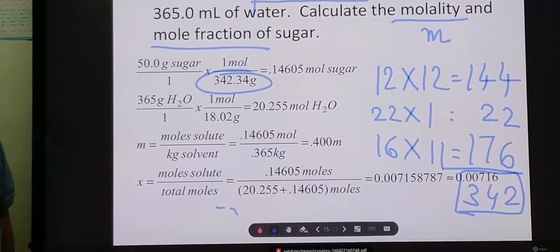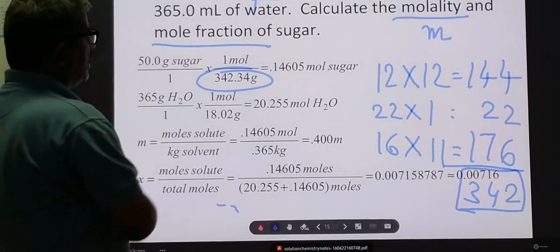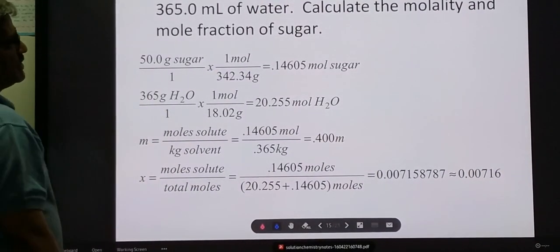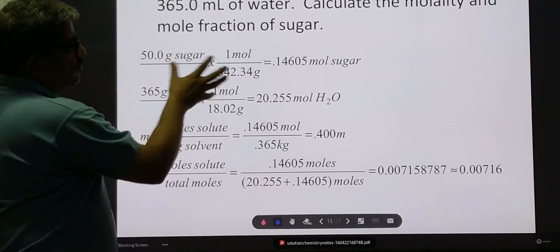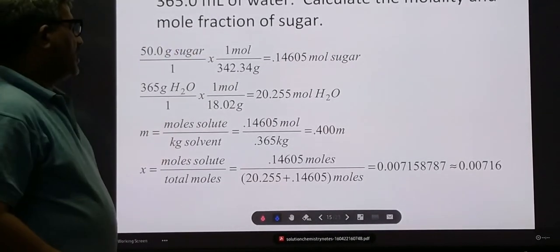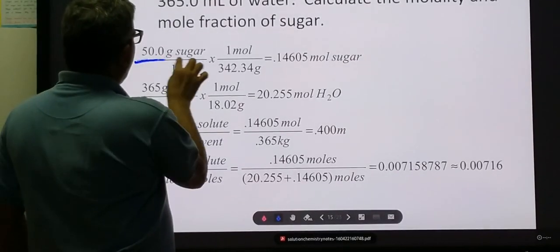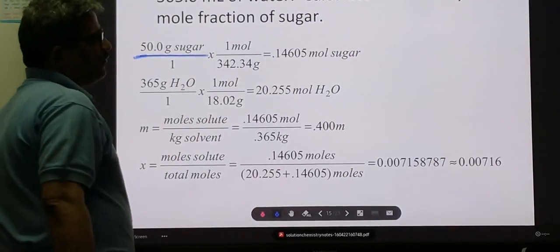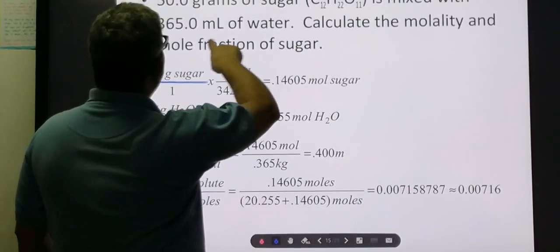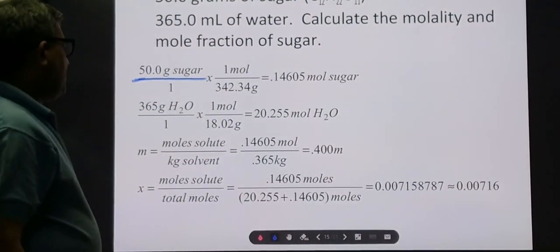Now, how many grams of sugar is dissolved? That is 50 grams. 50 grams of sugar is dissolved. So, to find out the number of moles, what will you do? Weight by molecular weight. So, 50 divided by 342.34 grams. Alright, and this is dissolved in 365 ml.